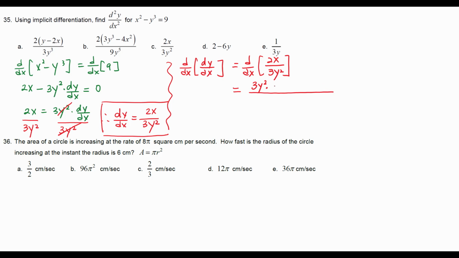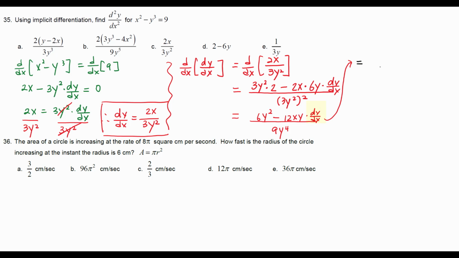Low, 3y squared, d high, derivative of 2x is 2, minus high, 2x, times d low, derivative of 3y squared with respect to x, which will be 6y times dy/dx, over square below. So I need to square 3y squared. When I simplify, I get 6y squared minus 12xy dy/dx over, you square each term, 9y to the 4th power.